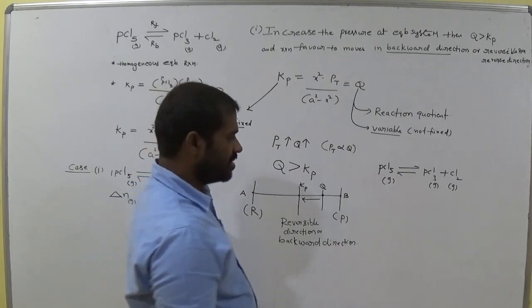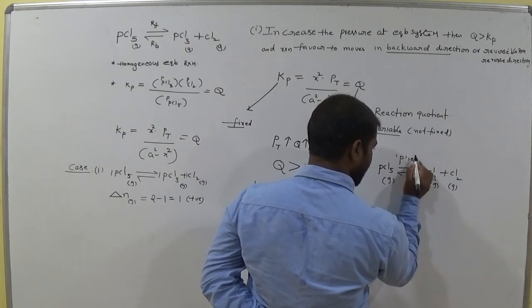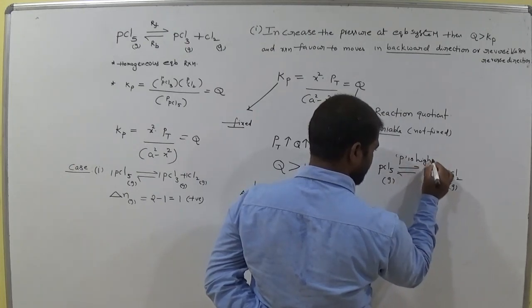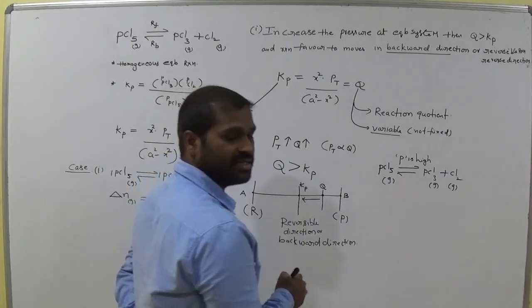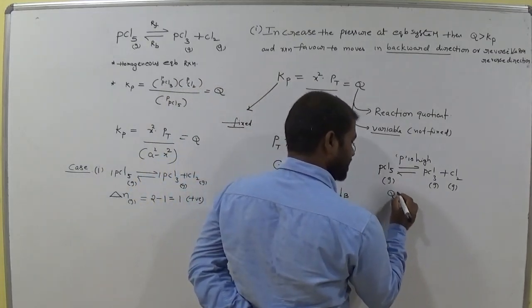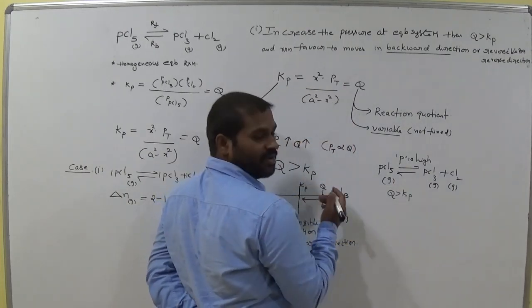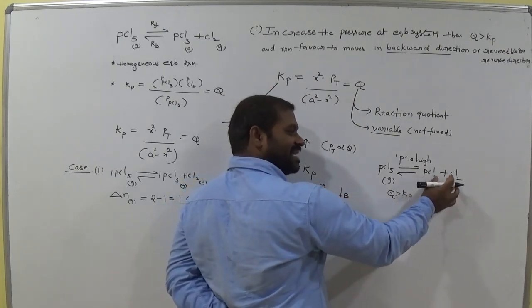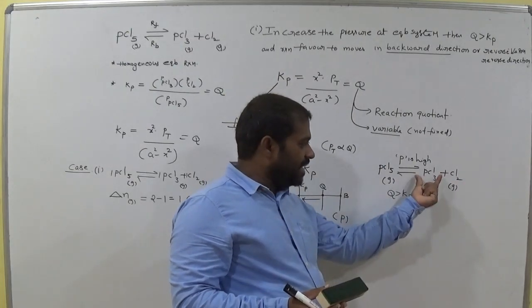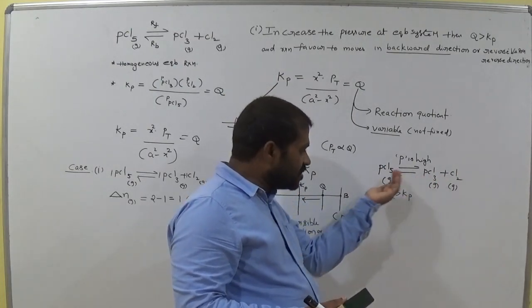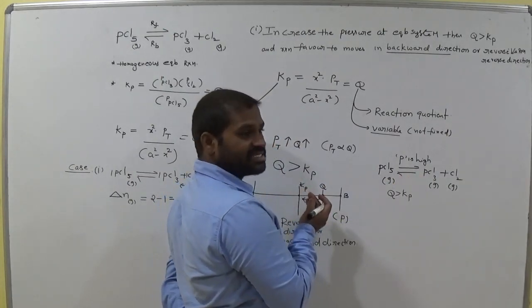So pressure is high at this equilibrium. Then what happened? In this case, where Q is greater than Kp, the reaction is backward. Backward means PCl3 and Cl2 combine, and it gives PCl5. So the direction of the reaction is backward.